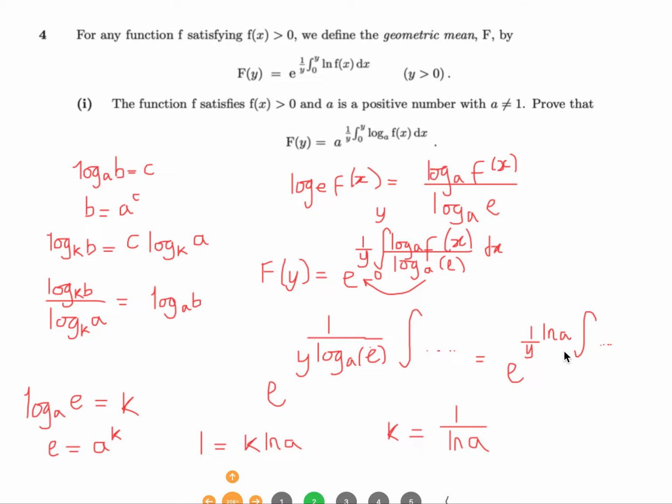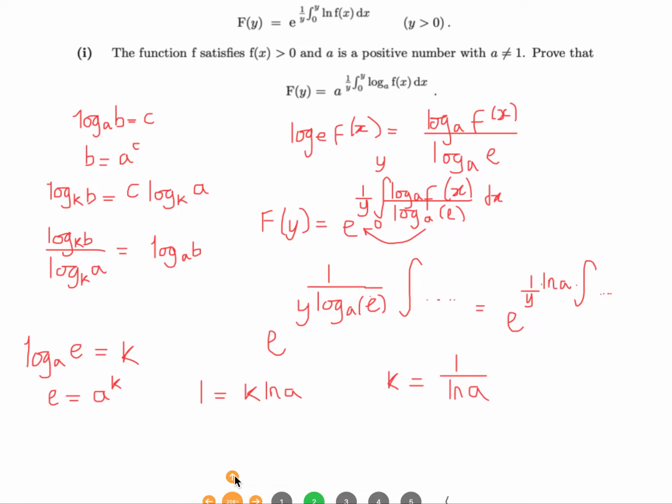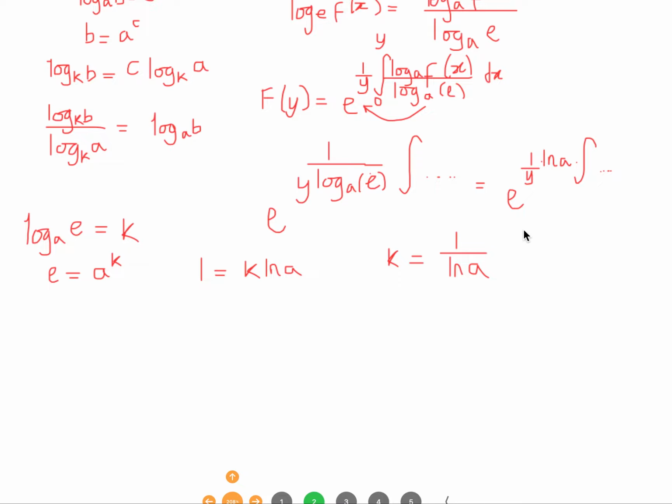Now what we should see is that this is a product. This is 1 over y times ln of a times this integral. And what we can say is, if I carry this on down here, e to the ln of a, all to the power of 1 over y times the integral from 0 to y.